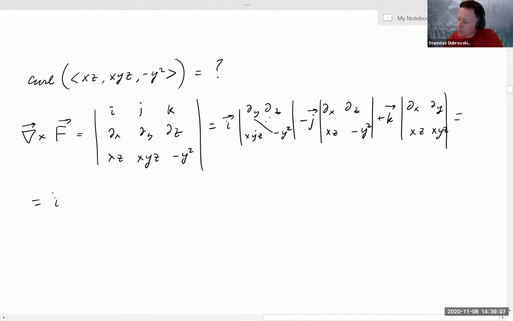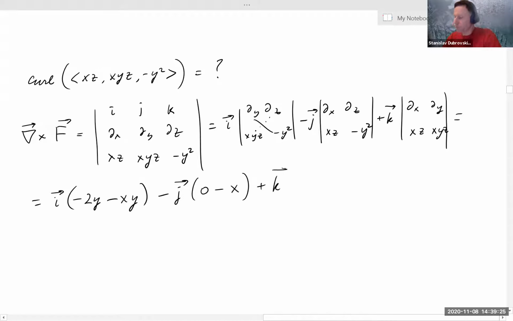So rather than a product, what we are taking is a derivative, so we'll get minus 2y, minus with respect to z, xy. Then here, with respect to x, nothing. With respect to z, just x. And then with respect to x, we'll get yz.